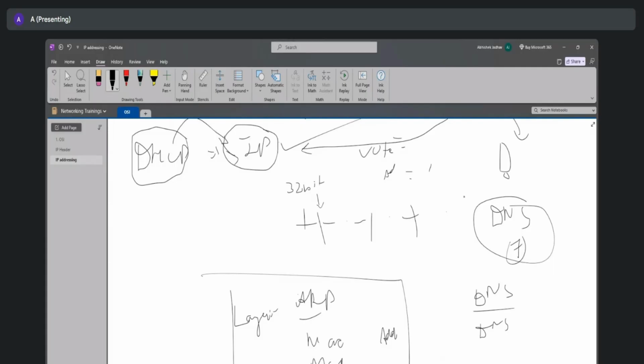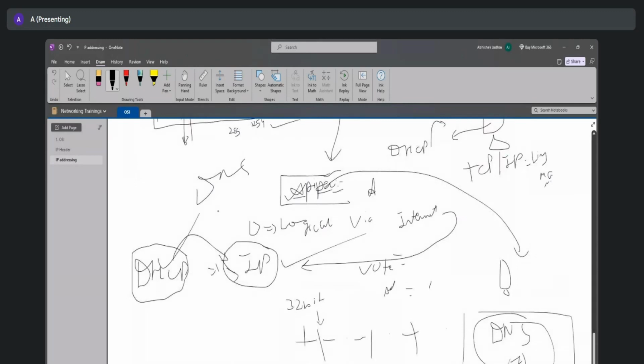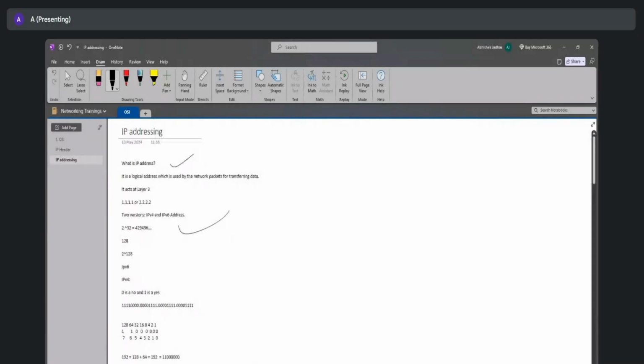Okay, no problem. I'll just show that in the next session. And regarding DHCP, DNS, and all, there are sample packet captures which are available for free online. So you can go ahead and do a Google search as well. For DHCP, you can search. For DNS, you can search. So these packet captures, I'll try to gather them and I'll show in the next session whenever we have time.